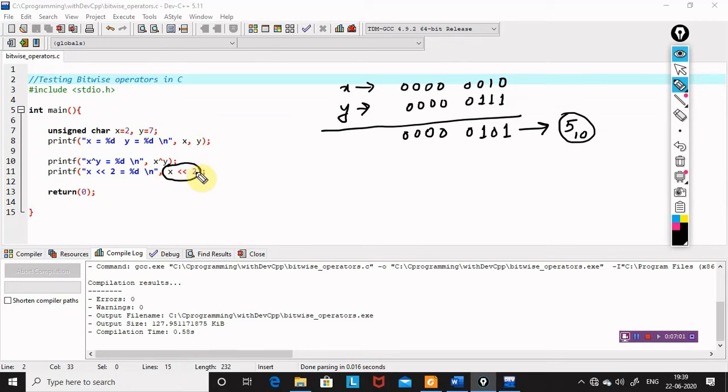Now instead of 2, you could have any number. What this signifies is, when we write x << n, that means the value of x, that means the bit pattern in x, is shifted to the left, and it is shifted bit by bit, one bit at a time. But how many times? n times. So if n is equal to 2, that means there would be shifting to the left 2 times.